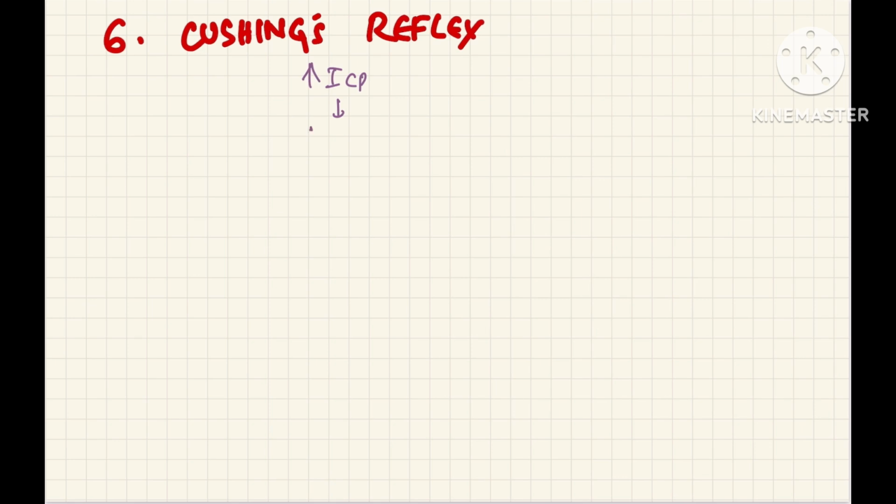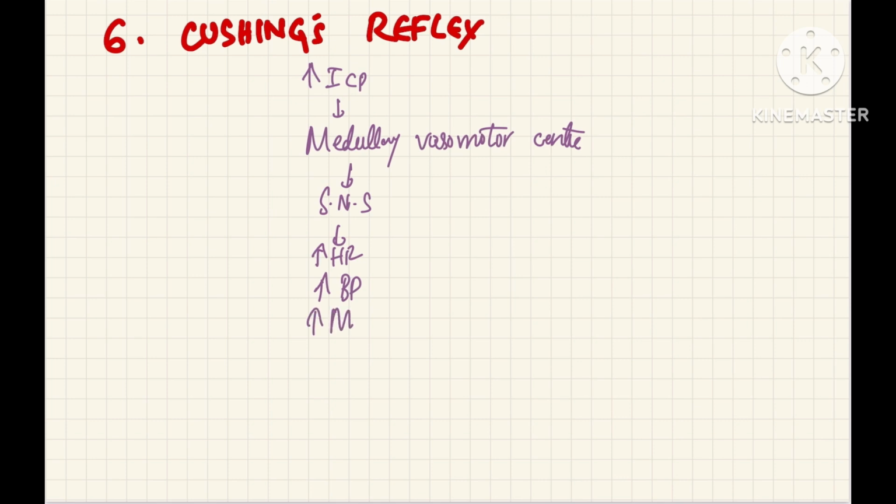This leads to activation of the sympathetic nervous system, leading to an increase in the heart rate, an increase in the blood pressure, and increased myocardial contractility. This happens to improve the cerebral perfusion.